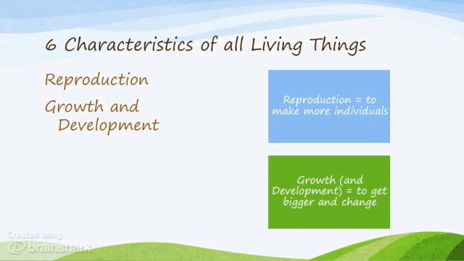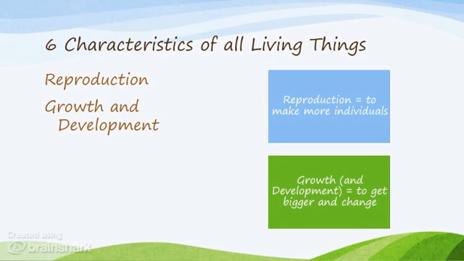Moving on now to the next characteristic that living things share. So back to your chart on the 6 characteristics of all living organisms. In the second row, you are going to write reproduction. Reproduction is not only a characteristic of life, but it is also considered a STRIRENGS life process.